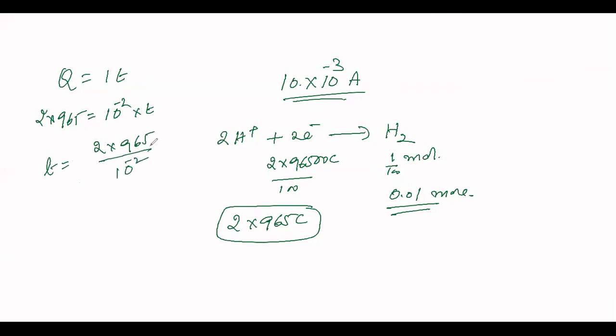So when it goes to the numerator, it becomes 10 to the power plus 2. So you do 2 into 96,500, which should be equal to 1.93 into 10 to the power 5.